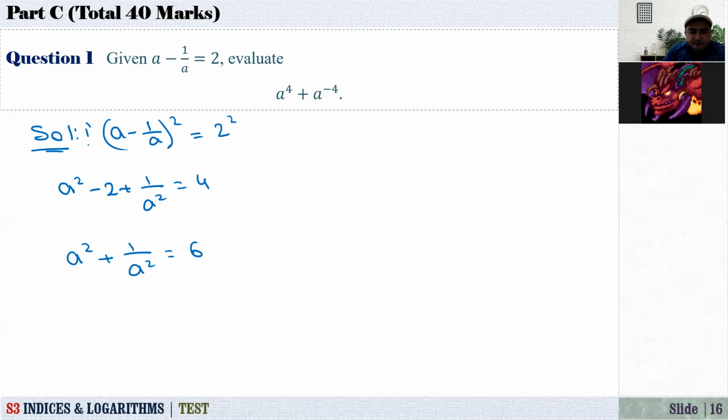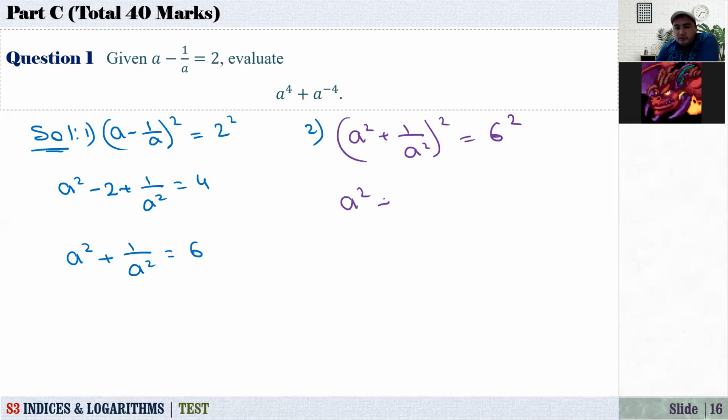That's the first step. The second step, now let me just square both sides one more time. So here we have (a squared plus 1 over a squared) squared. On the right-hand side, we have 6 squared. Again, if you just expand the left-hand side, here we have a to the power of 4 plus 2 times a squared times 1 over a squared, that's equal to just 2, and here we have 1 over a to the power of 4.